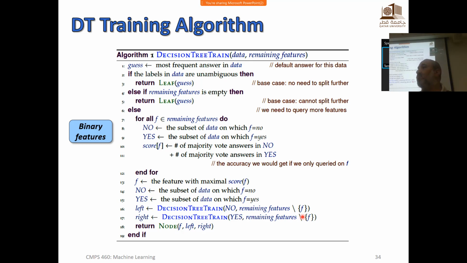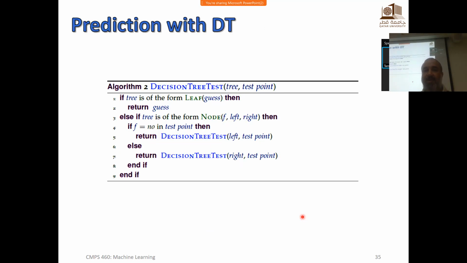So this is the pseudocode for the training algorithm. For the prediction, it's much easier. We go through the tree, right? We start from the root. Given the tree, again, this is also recursive. So we stop if we reach the leaf. If we reach the leaf, then we should return, of course, whatever prediction is at that leaf.